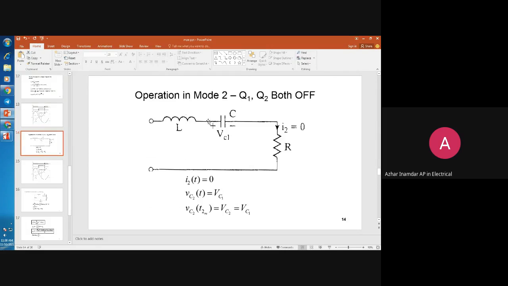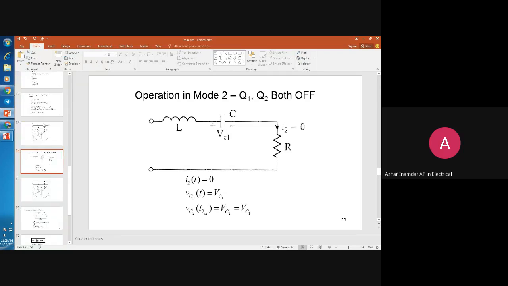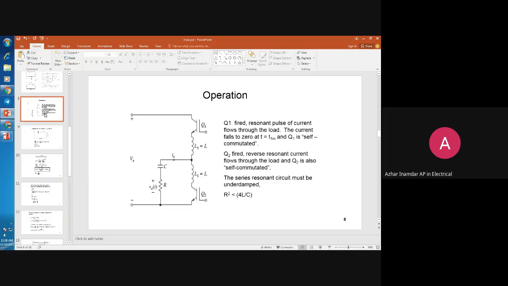In case of mode 2, both Q1 and Q2 are off. This is the circuit diagram for that mode. This is the main diagram.